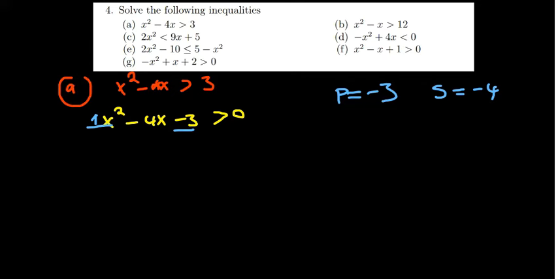So I believe the numbers there should be -3. Is it -3? If you try -3 and 1, those won't work, because if we add -3 and 1, they'll give us -2. Okay, it's a bit tricky.